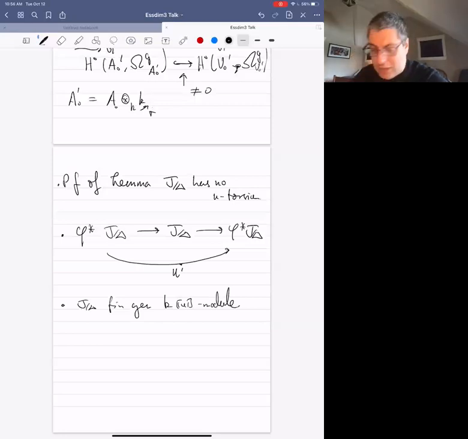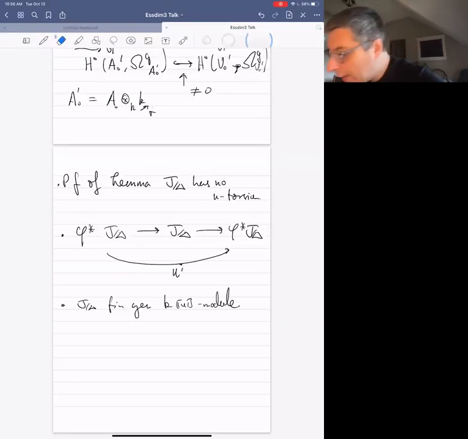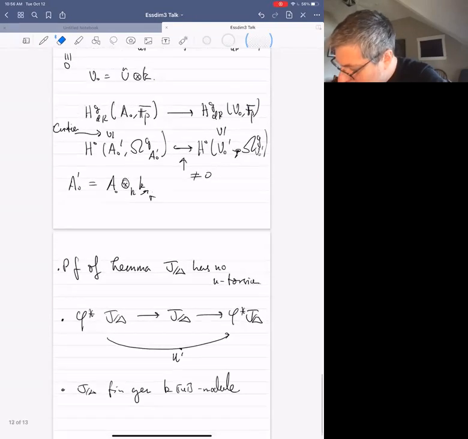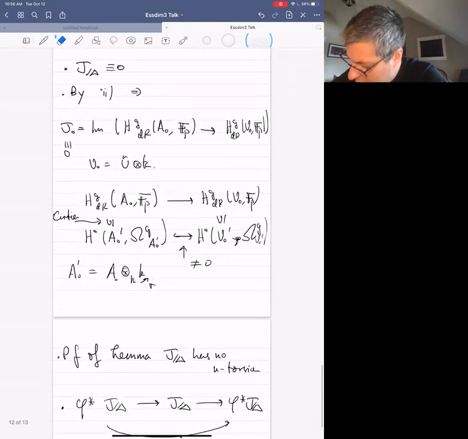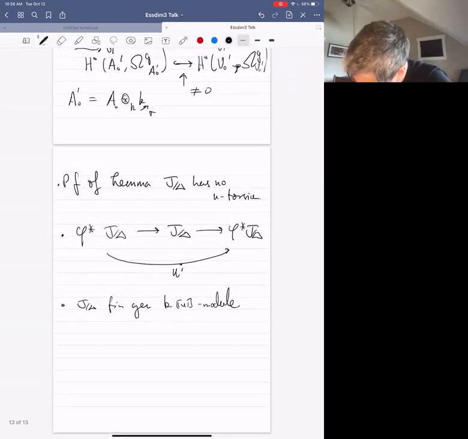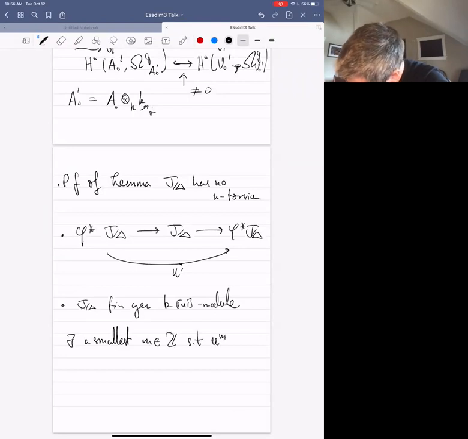Okay, so if there's any U torsion, there's some power of U which kills all the U torsion. Let me look at that integer. So there exists a smallest integer m such that U to the m times delta is 0.